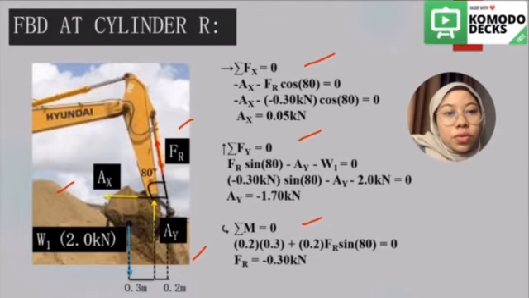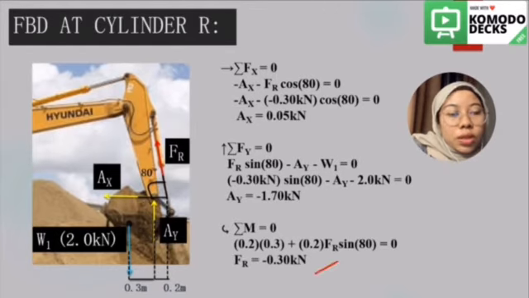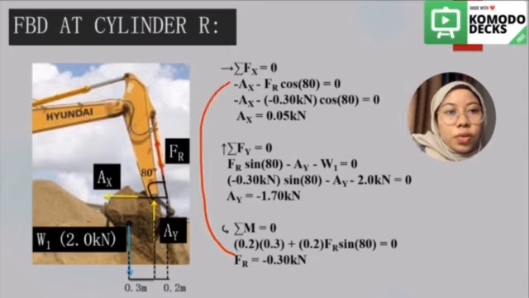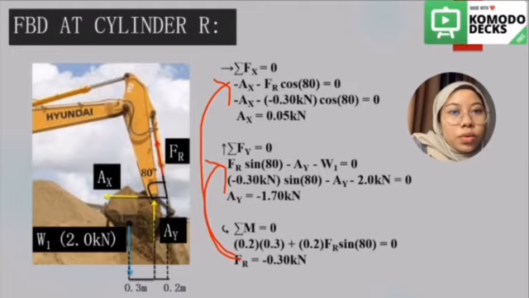First we need to find Fr using the resultant of moment: 0.2 times 0.3 plus 0.2 Fr sin t equal to 0. So Fr we get negative 0.3 kilonewton. After that, we substitute the Fr value into the Fx equation and Fy equation. So we get Ax 0.5 kilonewton and Ay negative 1.70 kilonewton.